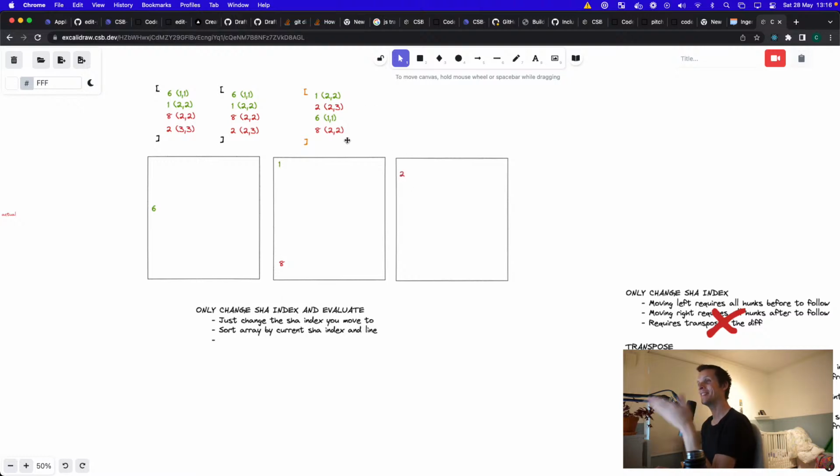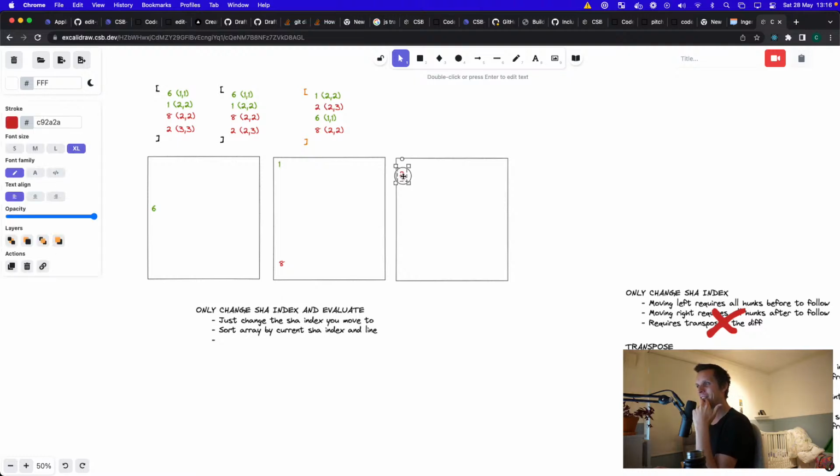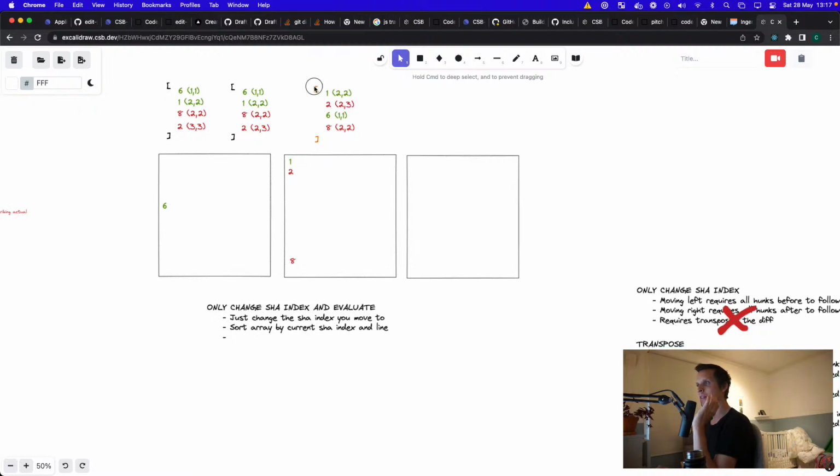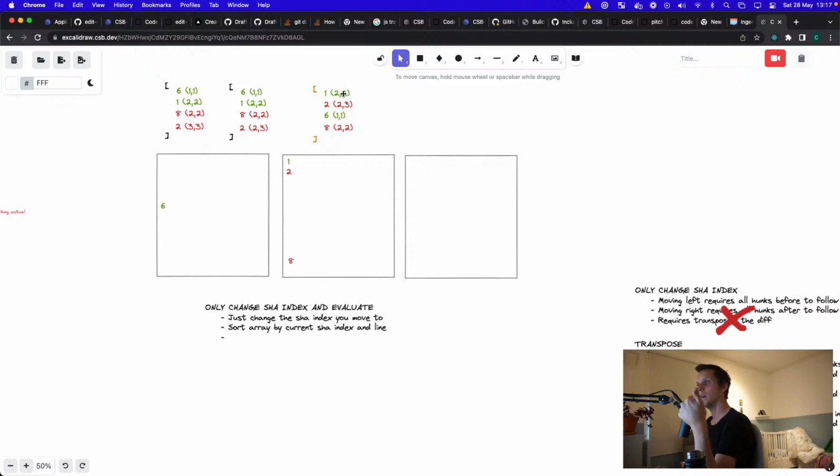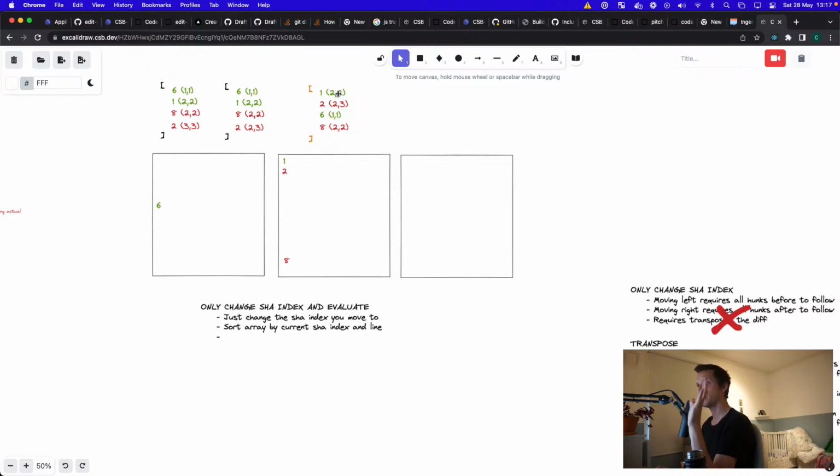Let's see if this actually helps the transposing. So what if we move 2 over here? We just changed the SHA index to 2. And this array isn't about producing content. It's about doing the transposing. So again, we have line 1. It doesn't have a diff in the SHA, so we'll just keep it as is.